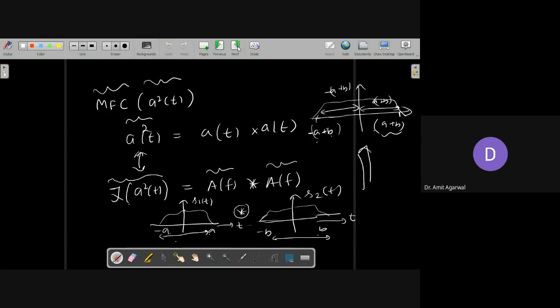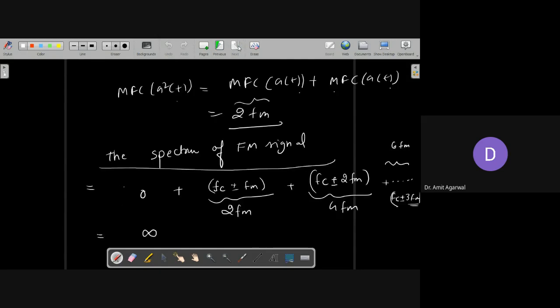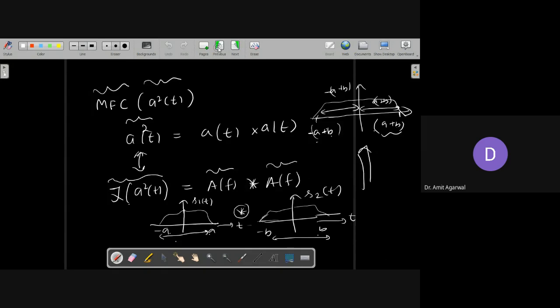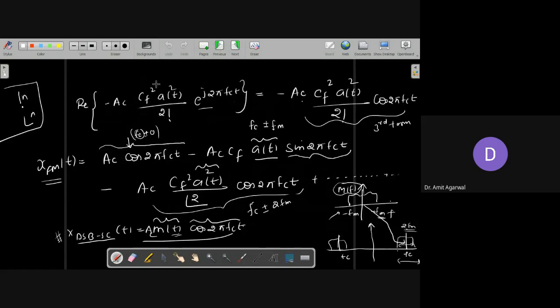What we have seen till now is the spectrum of the FM signal. The support of the second term is plus Fm to minus Fm, so the total bandwidth is 2Fm, right? The support of the third term is from plus 2Fm to minus 2Fm, so the total bandwidth of this term is 4Fm.